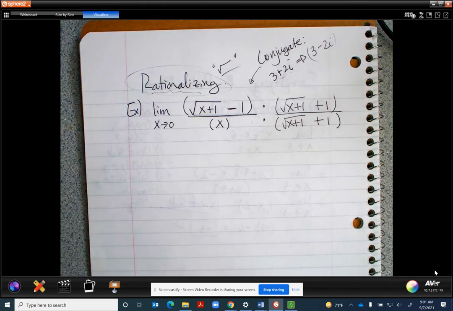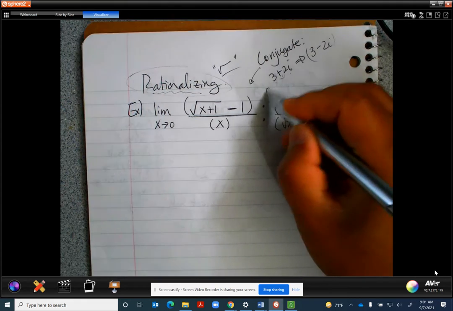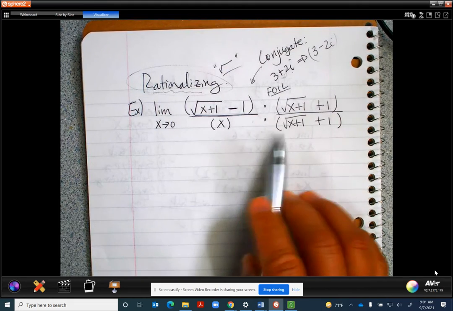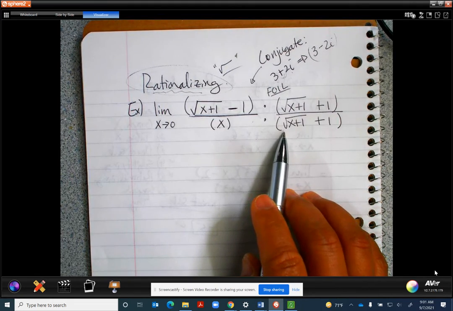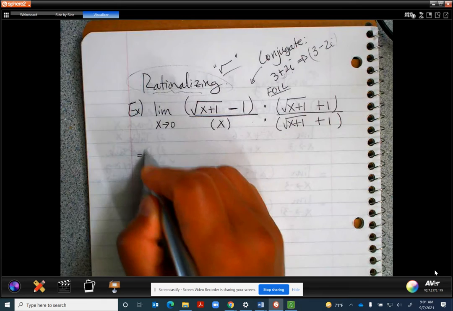We do need to FOIL the top, but the denominator, you kind of leave it alone, okay? So this is where you need to help me. This gets kind of tricky and a little bit complicated.